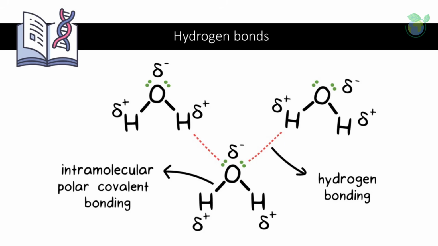Hydrogen bonds are a particular type of electrostatic interaction, similar to dipole-dipole interactions, involving hydrogen from one residue and oxygen from another. Hydrogen bonds can occur between main chain atoms as well as side chain atoms.